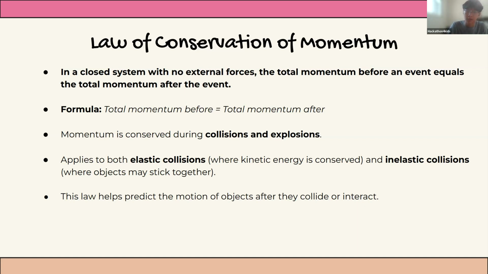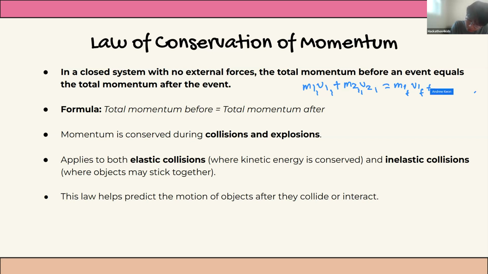So usually this is written as m1v1 plus m2v2, these are all initials, is equal to m1 v1 final plus m2 v2 final. Usually it's only the velocity that changes, right?